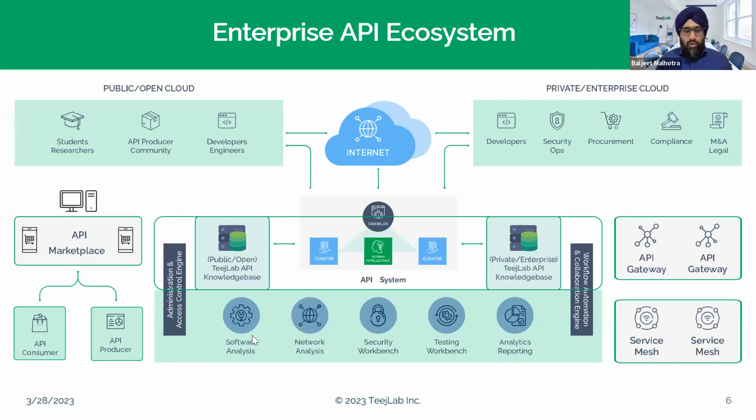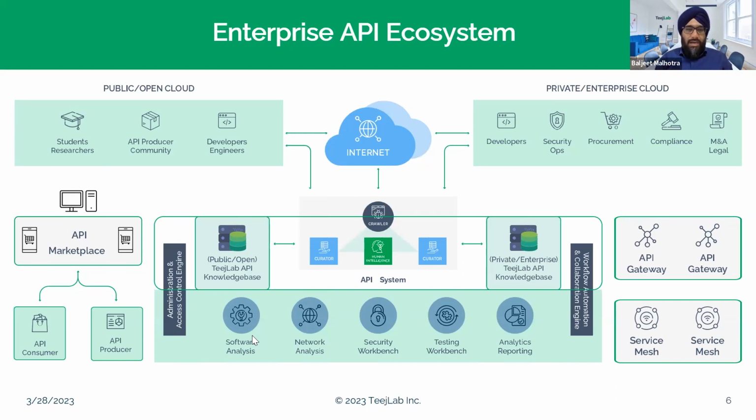They're all connected through APIs. If you look at the right-hand side, you see API gateways and service meshes, essentially to access control your APIs. Either you are buying APIs from marketplaces, or you have built APIs that you're exposing to your customers and partners, which is listed on the left-hand side as API marketplace. So in summary, you are either an API consumer, or an API producer, or actually both.